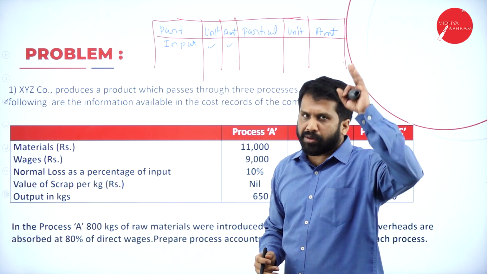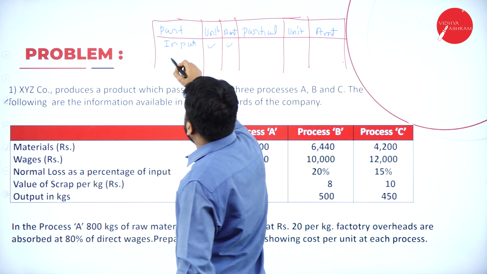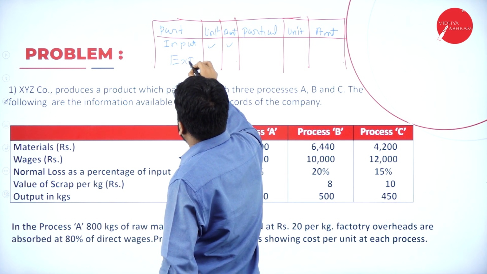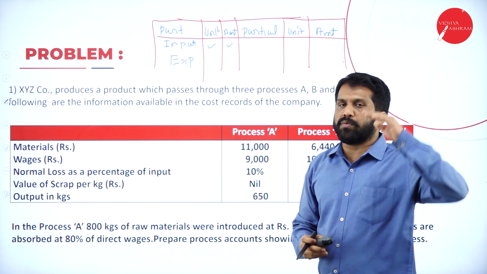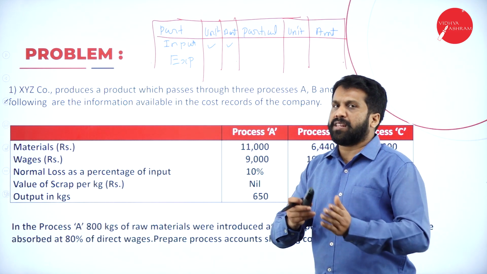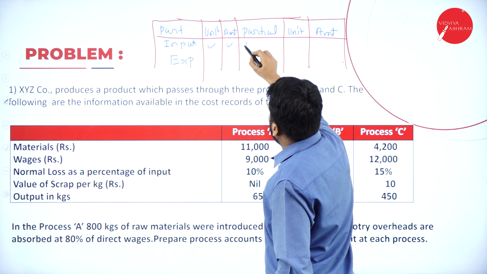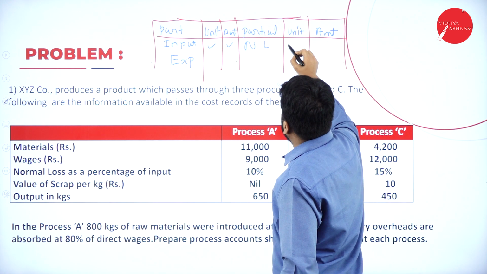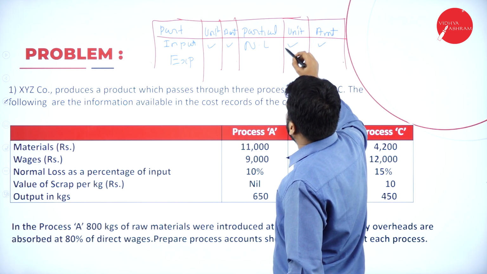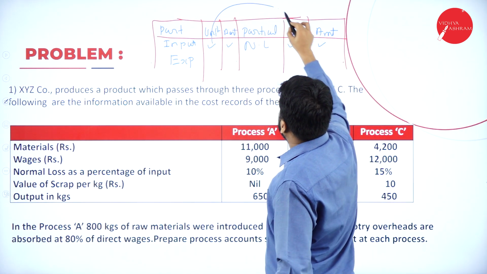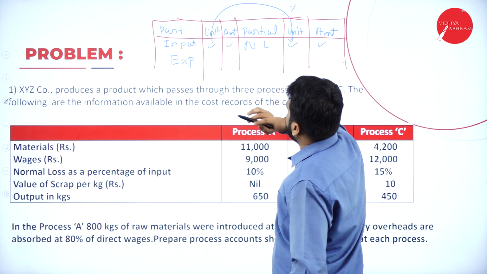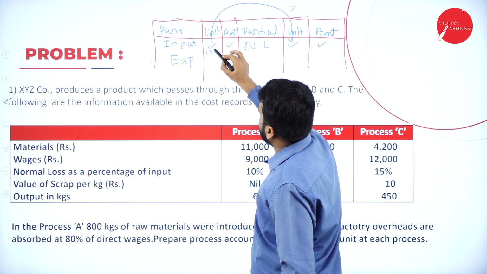Input is over. Write down all the expenses. Any expenses that are there, you have to write. Clear? Input will come, expenses will come. What will come under the credit side? Normal loss. What is normal loss? It is a percentage of the units. Assume there are 1000 units.